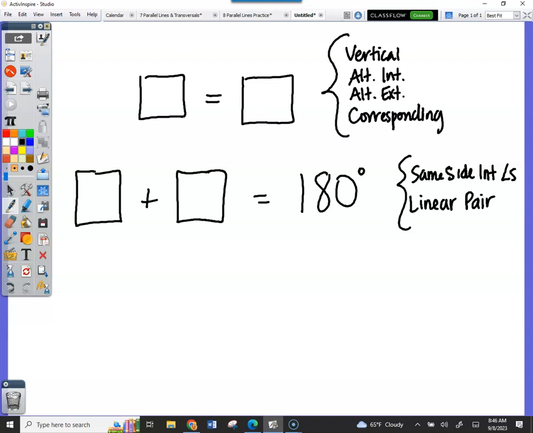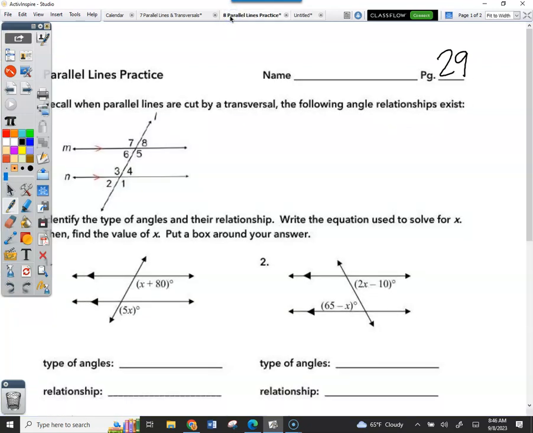So looking back at page 29, if you want, we can take some notes right here. We can say we got box equals box. We'll just copy this here. And that's if it's vertical angles, alternate interior angles, alternate exterior angles, or corresponding angles.